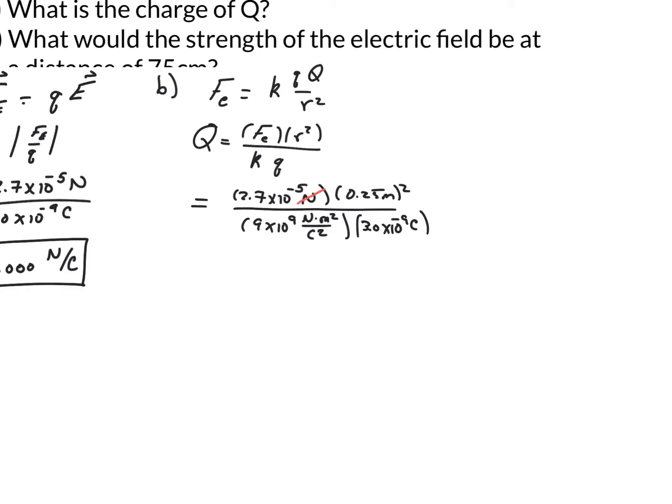Notice that newtons cancel with newtons, meters squared cancels meters squared, coulombs cancel only one of the coulombs. We're left with 1 over coulombs, which in the end gives us 6.3 times 10 to the -8 coulombs for the big Q.